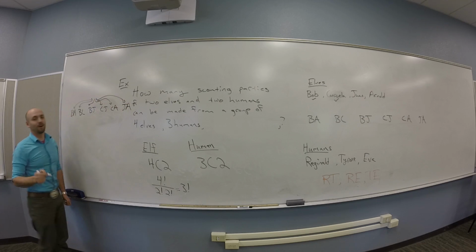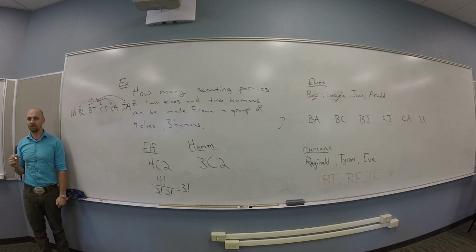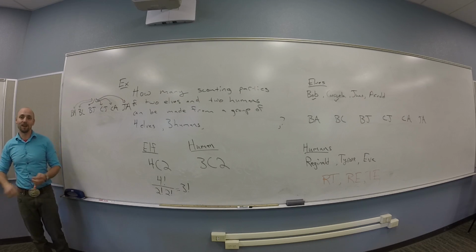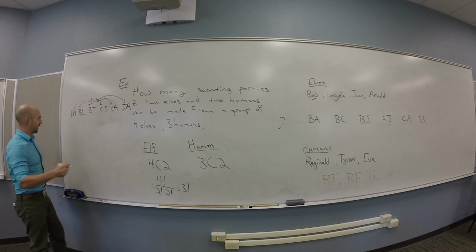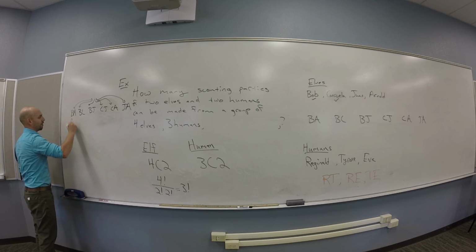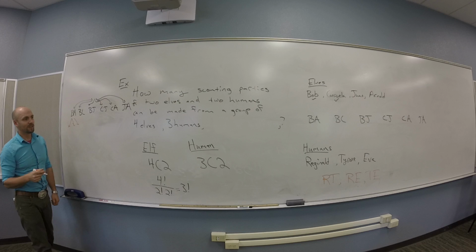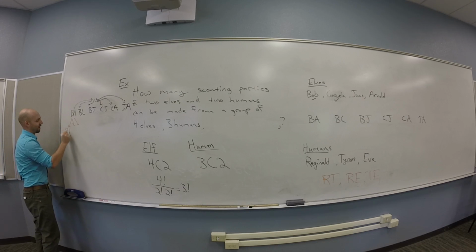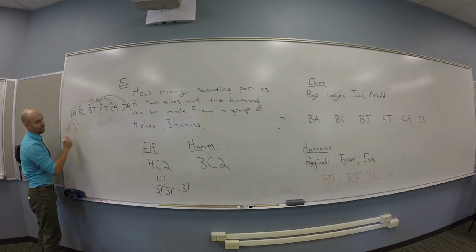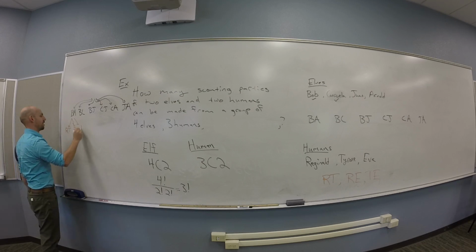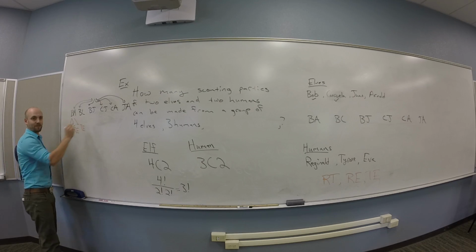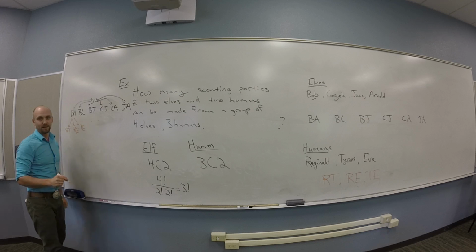Anyway, so there's all these options for the elves, right? And then from each of these, there are how many options? 3 options for the human. Yeah, good. So from this one, the Bob and Arnold elf team goes with one of Reginald and Tyrone, Reginald and Eve, or Tyrone and Eve. And then kind of continue this, right?